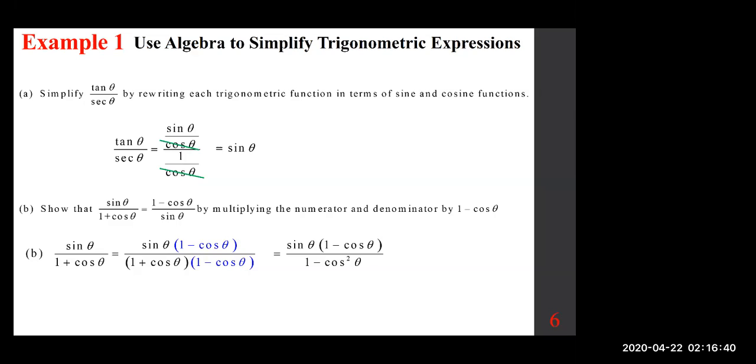Which is sine squared. Does that make sense to everybody? So now sine theta from the numerator goes away, and the denominator becomes simply sine theta. Does that make sense? Is everybody okay with that?